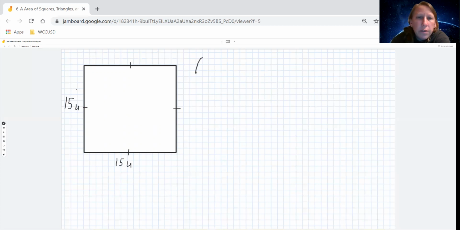There are 3 formulas you could use for the area of a square. You can use the area of a square is the base times the height. You could use the area of a square is the length times the width.